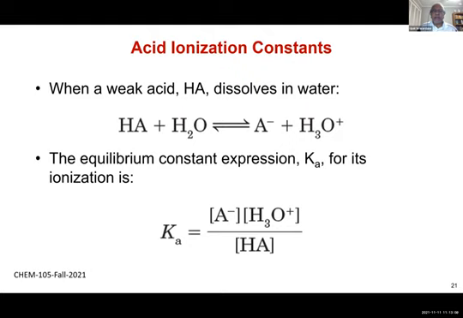K sub A for this weak acid is the concentration of A negative ions times the concentration of hydronium ions divided by the concentration of HA.